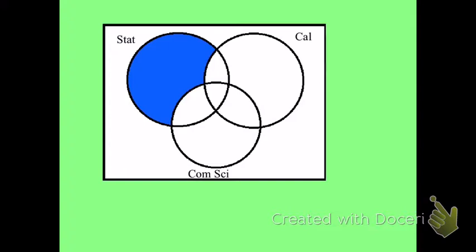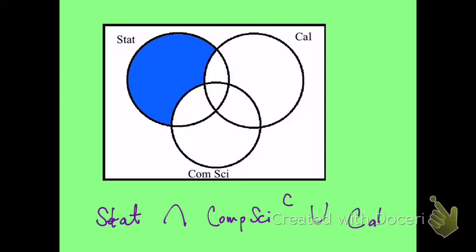Okay, what about this one? Just stat. So how do I represent that? Computer science or calculus, complement. I would say stat and comp sci complement or calc complement. It doesn't matter which one you put first.